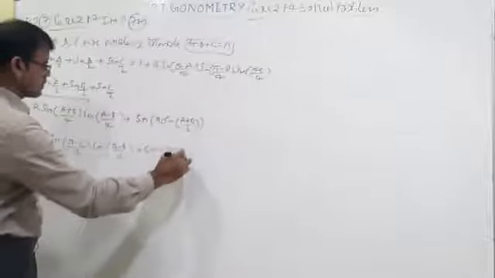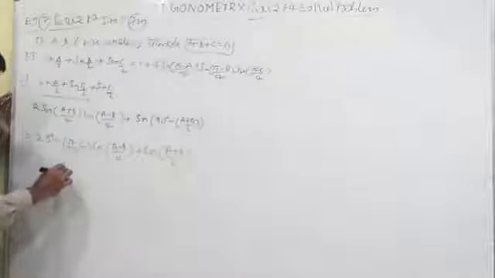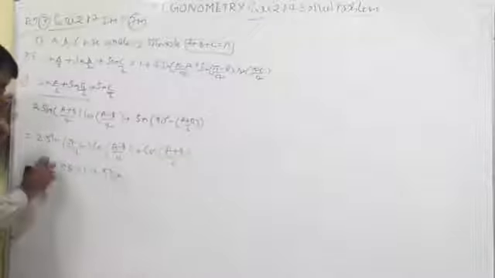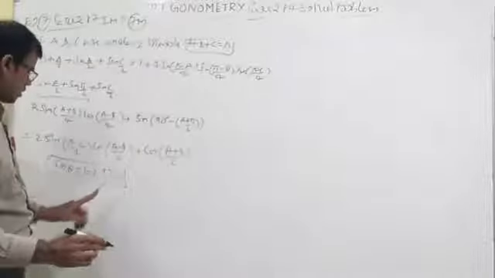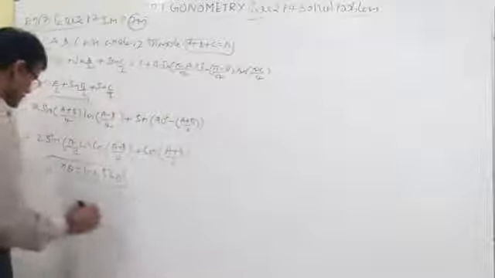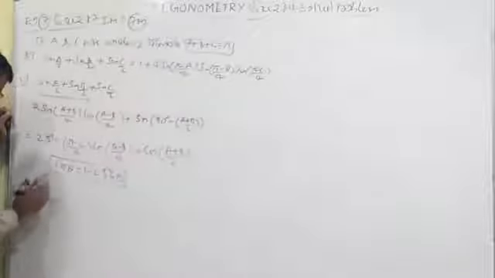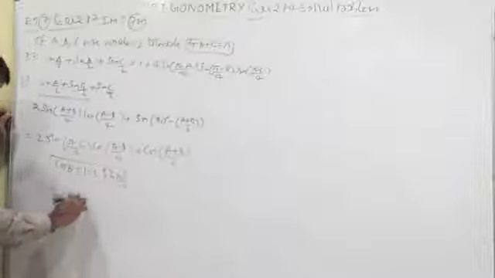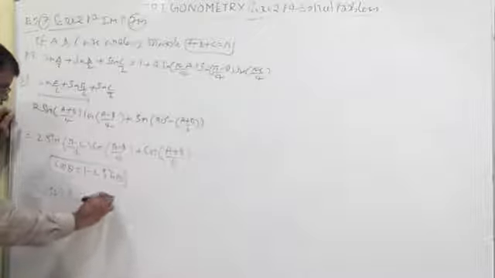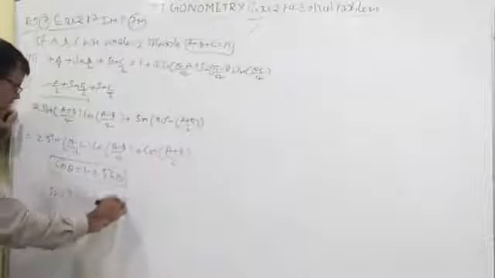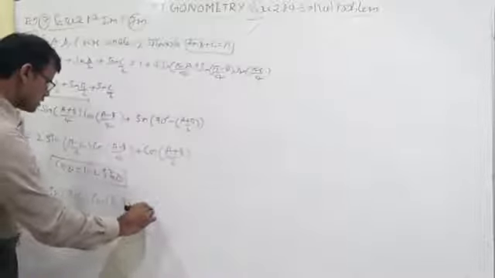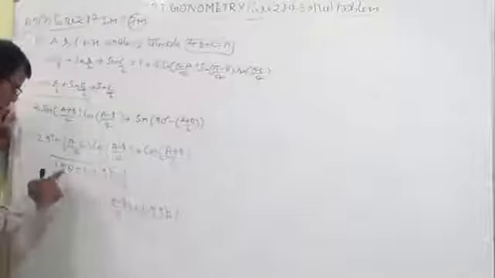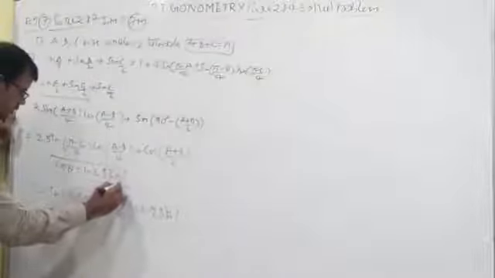So write like this, cos of (A plus B). I am making you remember the formula: cos theta is 1 minus 2 sin square theta by 2. Already in the RHS 1 is given. That is equal to 2 sin of (pi minus C) by 4 into cos of (A minus B) by 4 plus cos theta, which can be understood as 1 minus 2 sin square theta by 2.